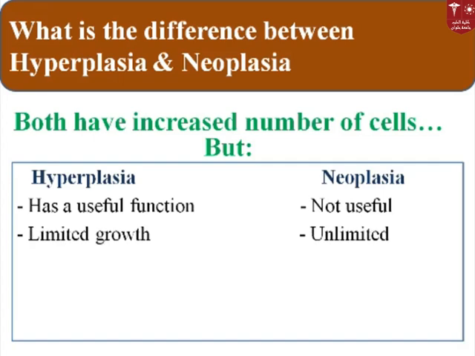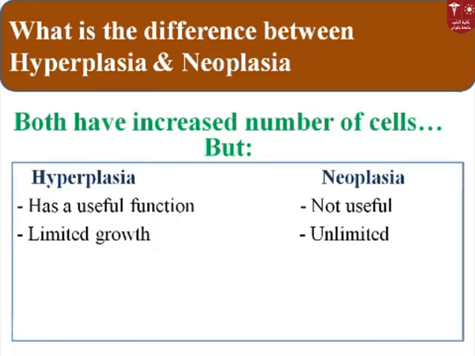Hyperplasia is dependent on the cause or on the changed environmental factors. So if the hyperplastic cells just reach a level that can maintain their function in this changed environment, they stop growth. That's why we call hyperplasia a limited growth.